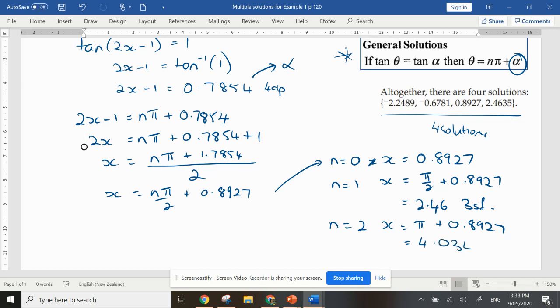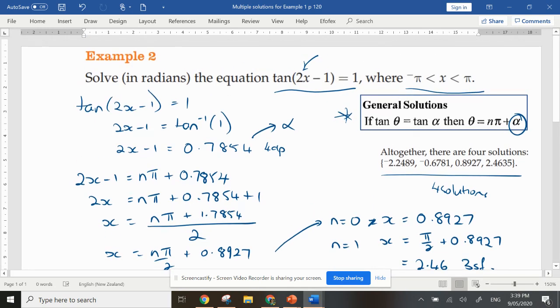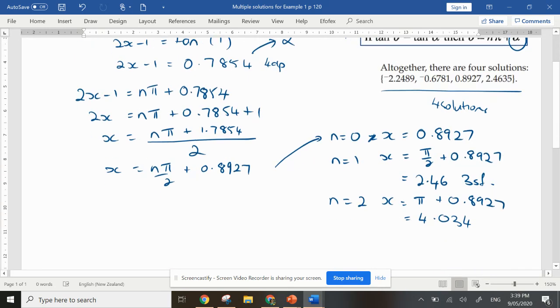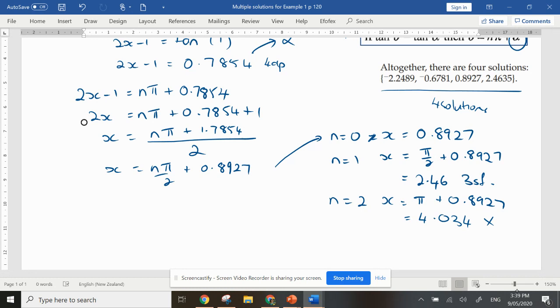4.034. Now the question said between pi and negative pi, and pi is 3.14, so that's too big. So 0.8927 is a good one, and 2.466 is a good one. We still need to find 2 more, so we're going to find the negative ones. So go back and do n is negative 1, and you'll probably need to go n is negative 2 as well.